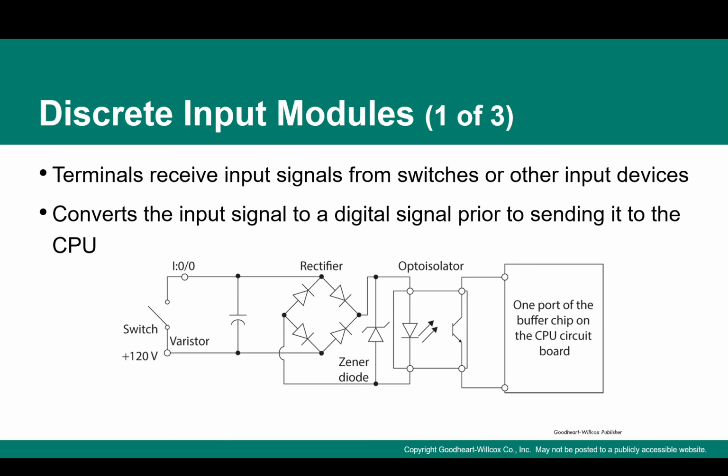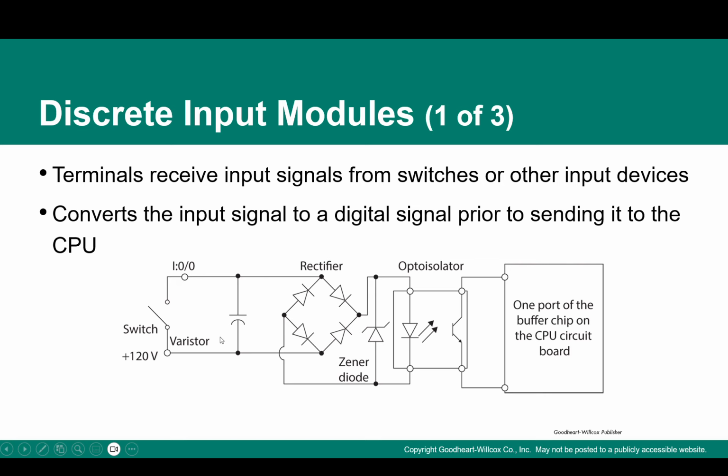And the discrete input module is primarily what you see here: you have an input, like a digital input. As you can see here, it can be on and off. Currently, it's off, and the input is 120 volts, very high voltage, and you're using a varistor for this particular input.